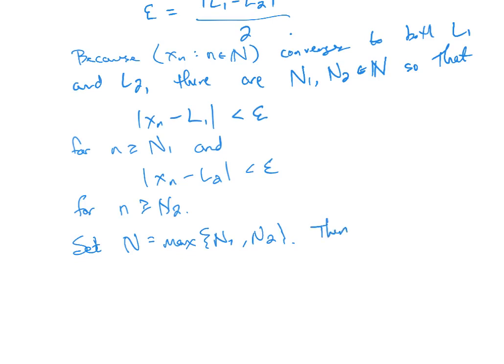So then for little n at least capital N, what do we have? We have the distance between xn and L1 and L2, and we can write this statement.